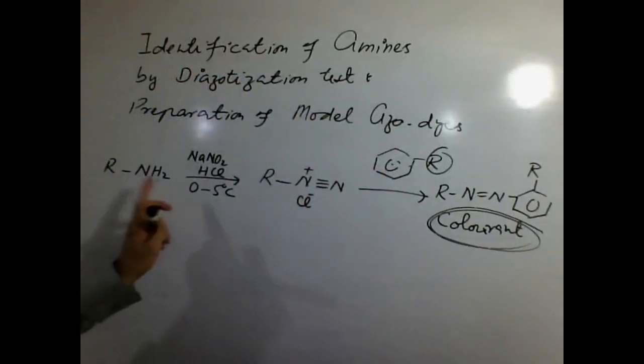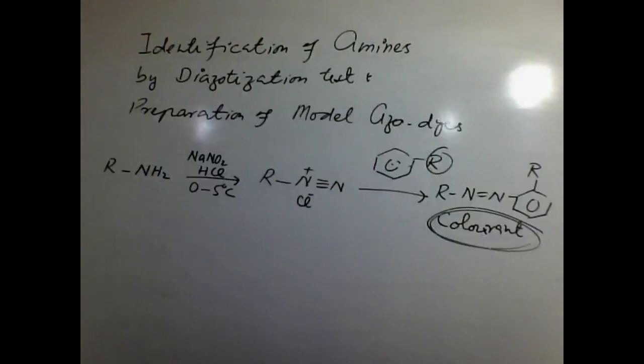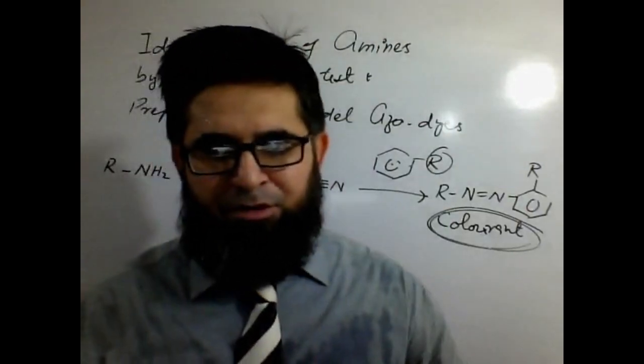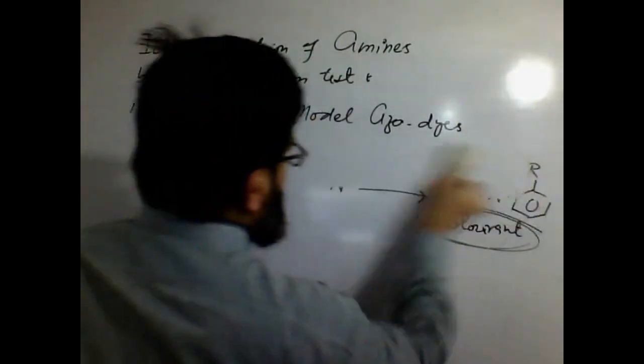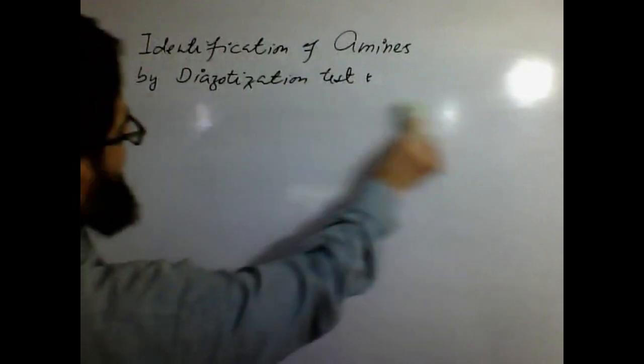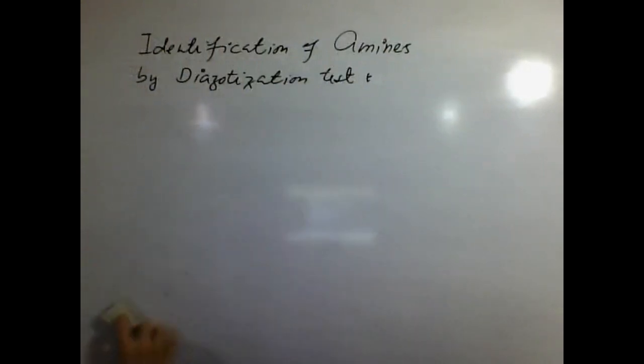Why do we need to perform diazotization? Let me go a bit back to give you a recap of the previous lecture, where I started off from the litmus solution test.